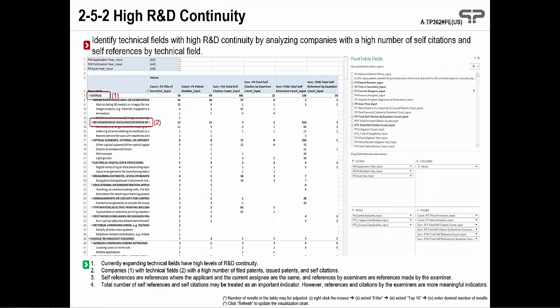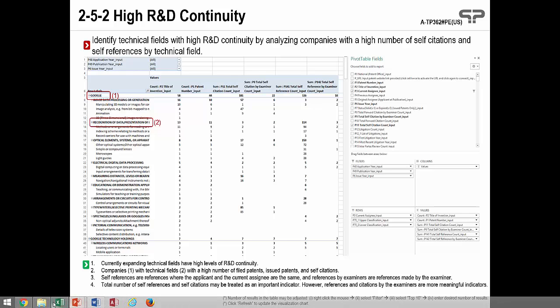Let's do another analysis on Prometheus, identifying the technology fields with a high level of R&D continuity by analyzing companies with a high number of self-citations and self-references by technical field. Go to Prometheus and click on the filter next to the view code to locate A-TP362.